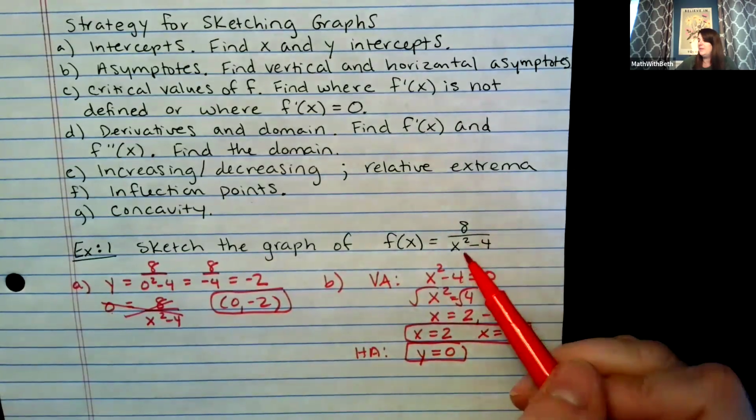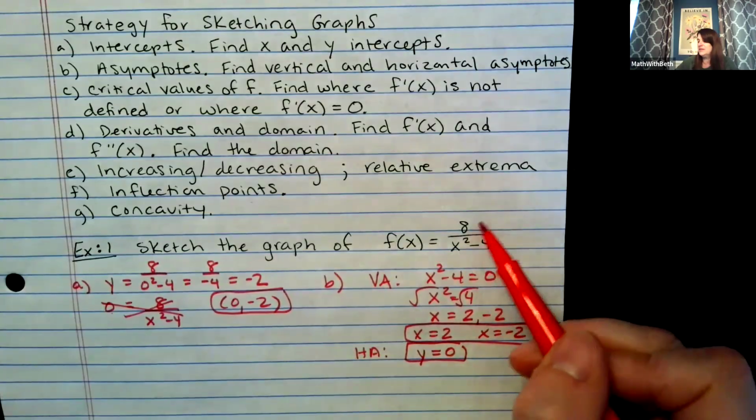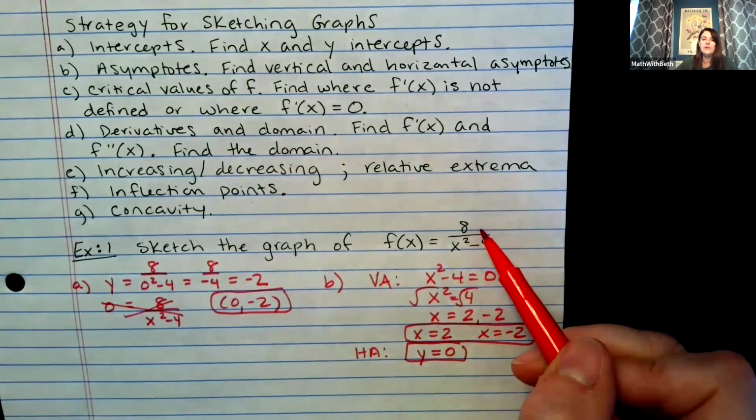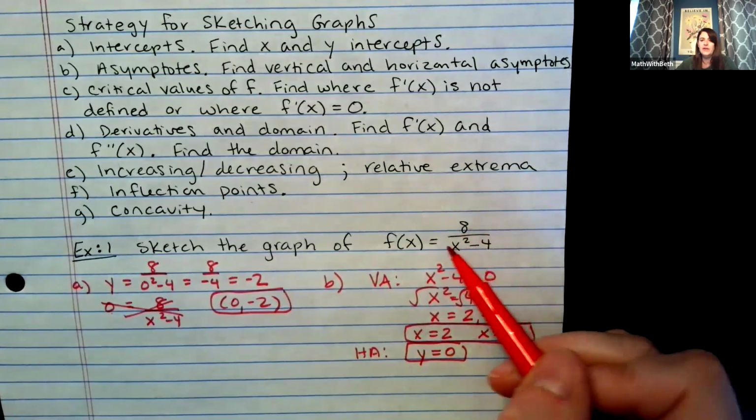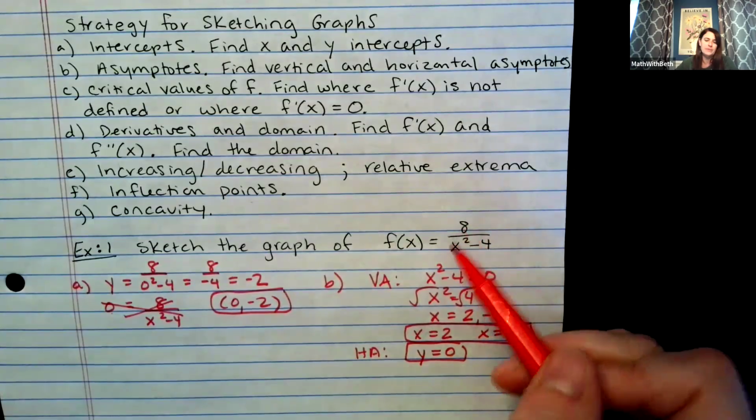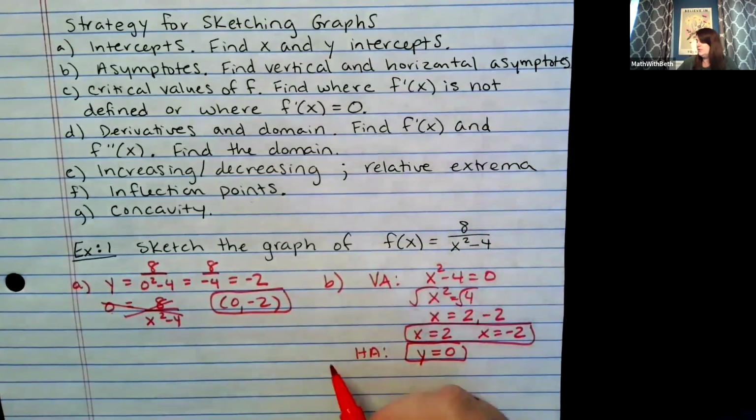If they were the same, if there was an x squared next to this 8 on top, then we would take the leading coefficients, which would be 8 on the top and 1 on the bottom, and make it 8 over 1. So definitely review your rules for horizontal asymptotes if that sounds like something you haven't done in a while.